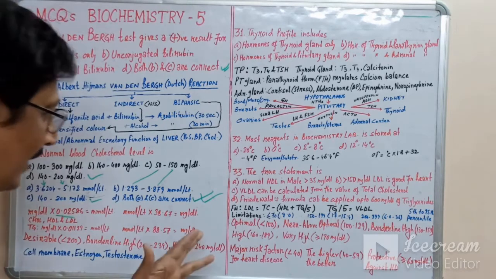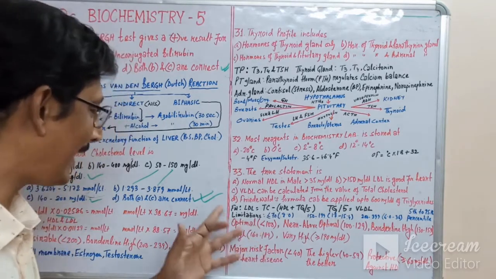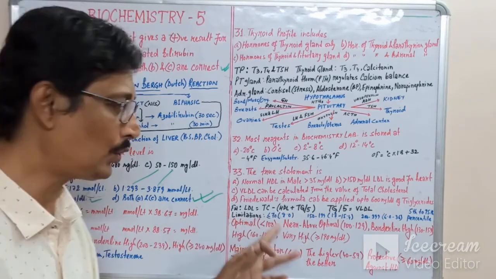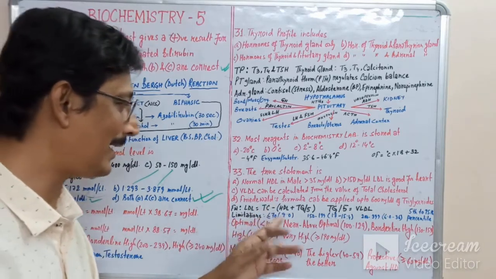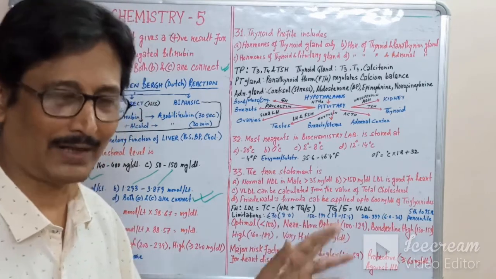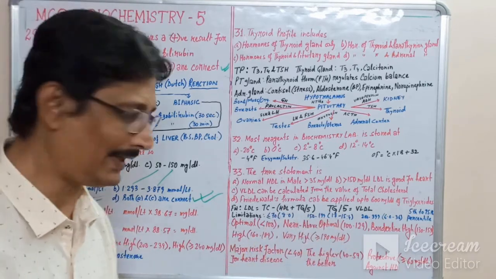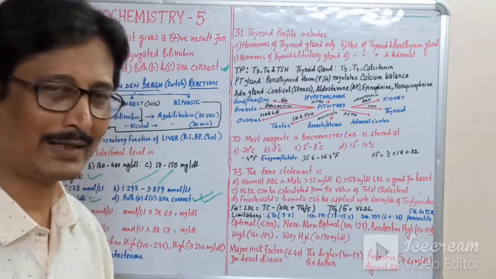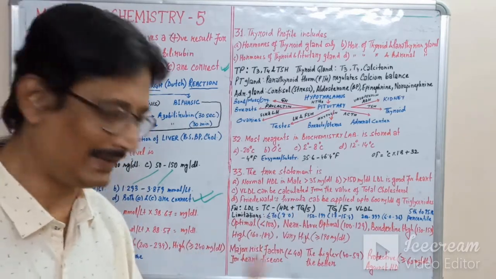Now the optimal Friedewald equation is like that: the LDL equals total cholesterol minus, under bracket, HDL plus TG by 5. TG stands for triglycerides, and when triglycerides are divided by 5, we can get the value of VLDL.